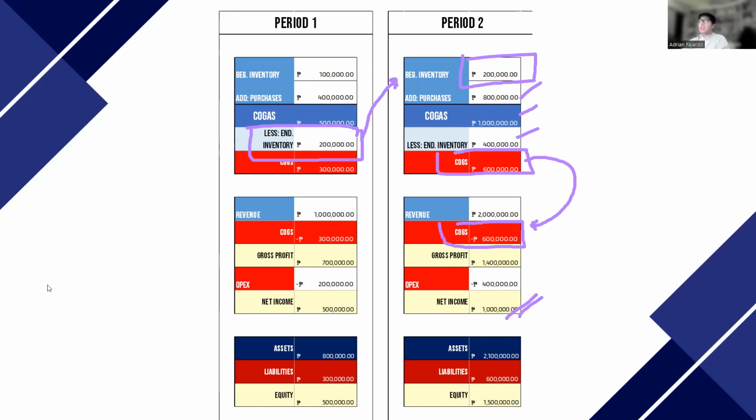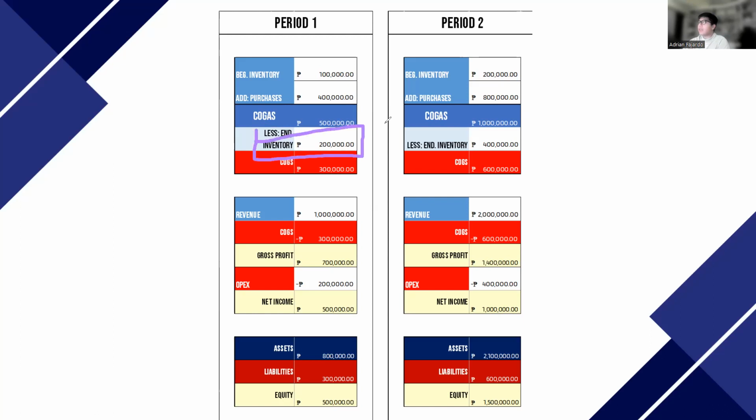What I'm showing you is that a lot of things are interconnected. Your ending inventory will define your beginning inventory. Another is that your COGS will determine your gross profit for each year. So the COGS of 600,000 goes there to determine your gross profit.